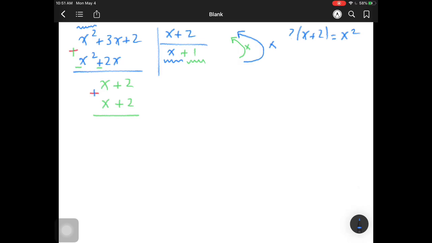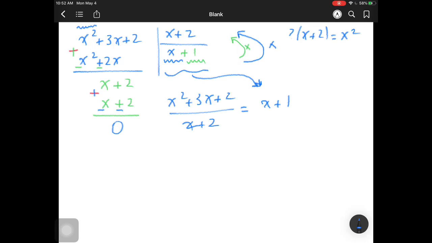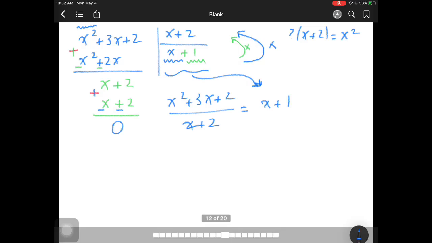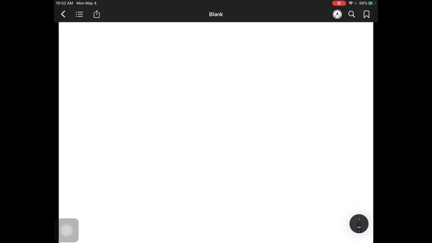Instead of subtracting, you can add as long as you reverse these signs, and the remainder would be 0. This means that when you divide x squared plus 3x plus 2 by x plus 2, the answer would be x plus 1.